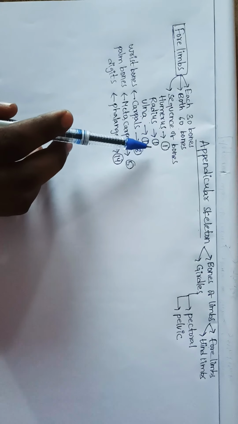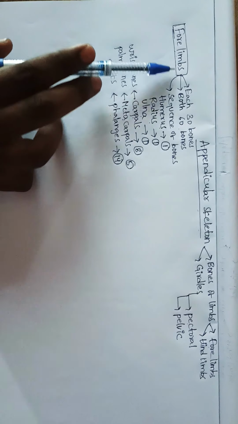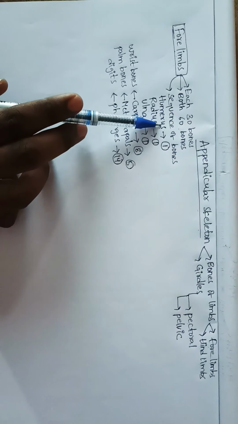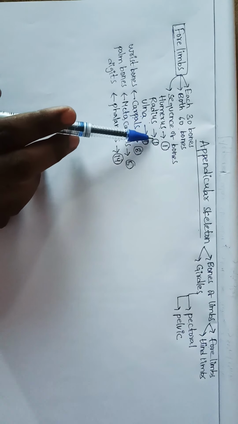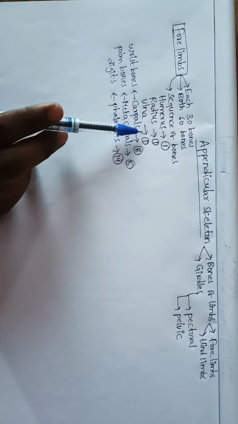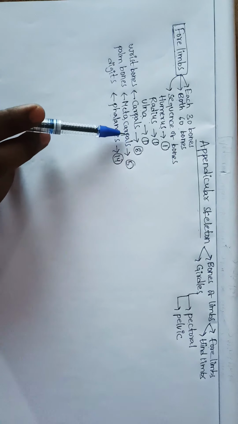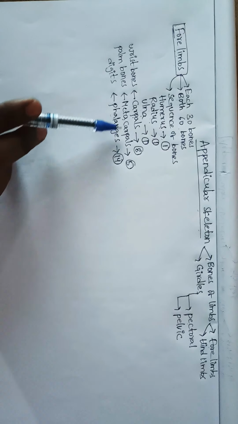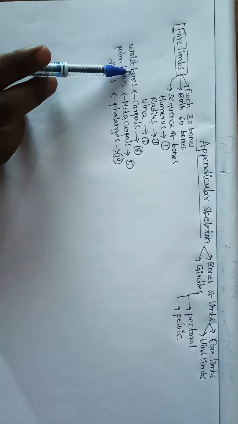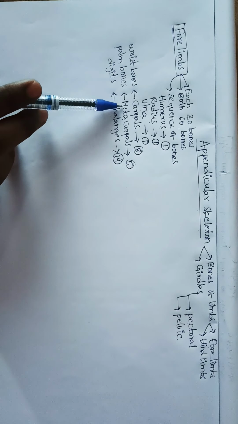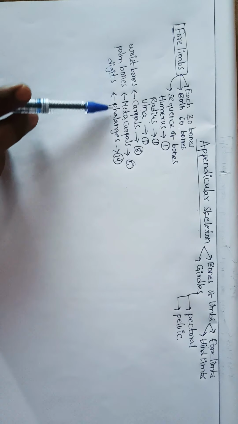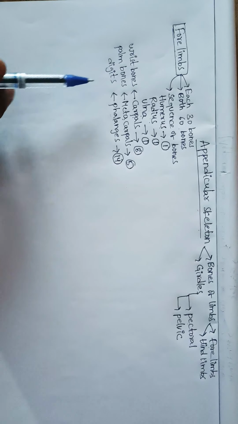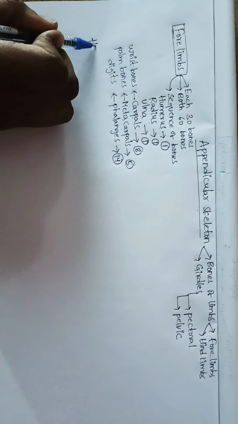One humerus, one radius, one ulna, 8 carpals, 5 metacarpals, 14 phalanges. Carpals are wrist bones, metacarpals are palm bones, phalanges are digits. This is about forelimbs.